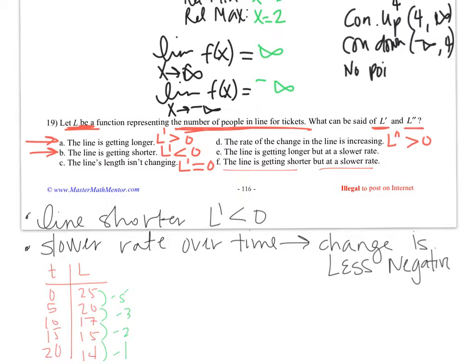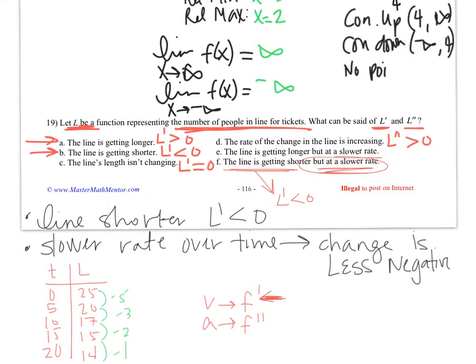It's kind of like when we talk about velocity and acceleration. Remember that velocity is the first derivative and acceleration is the second derivative. And we can have a negative velocity, and if it's slowing down, that means that we had a positive acceleration. So since it is slowing down, this is kind of like the first derivative: the line is getting shorter, that's the first derivative being negative, kind of like saying the velocity is negative, right?